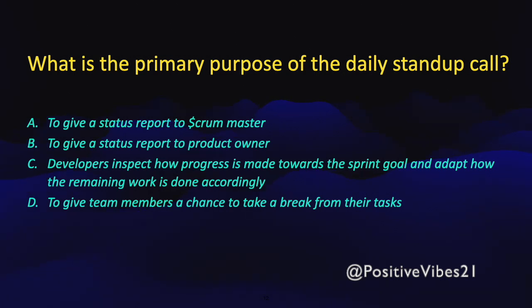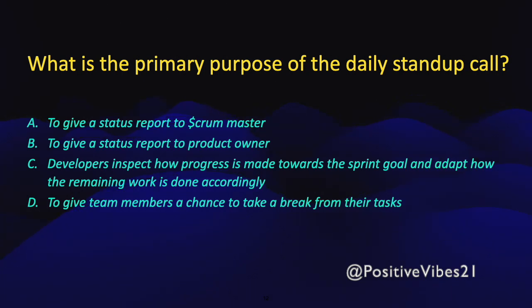What is the primary purpose of the daily stand-up call? Okay, this is something which we do every day in the stand-up call. What is the primary purpose? To give a status report to the Scrum Master, to give a status report to the product owner, developers inspect how progress is made towards the sprint goal and adapt how the remaining work is done accordingly, or to give team members a chance to take a break from their task.